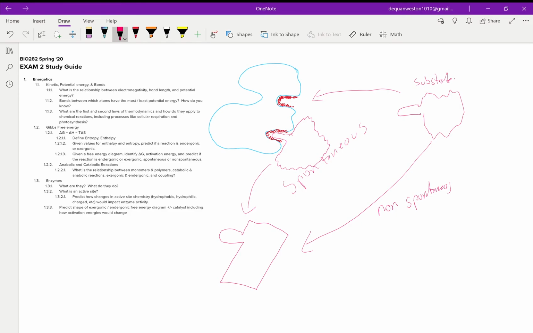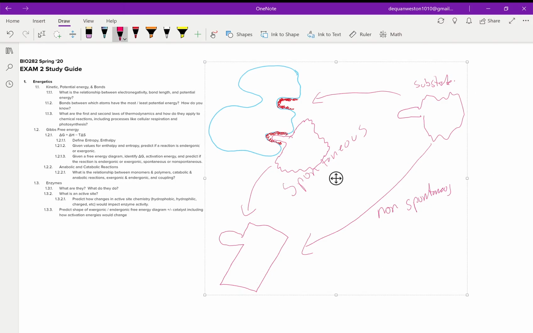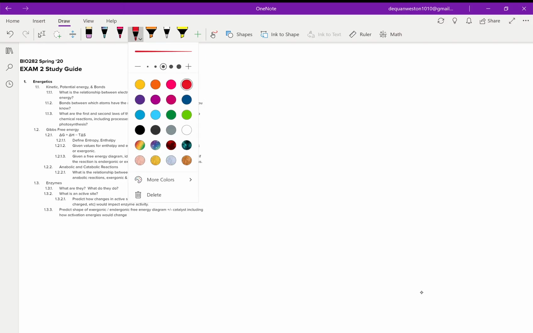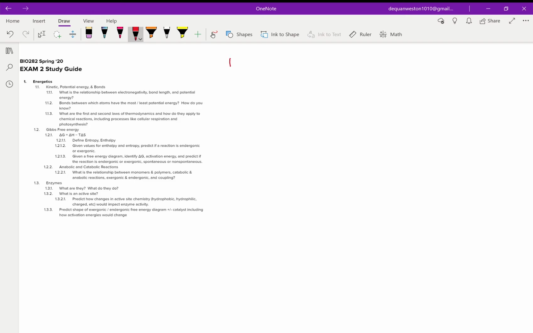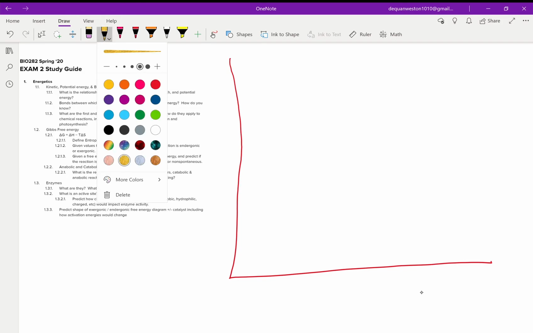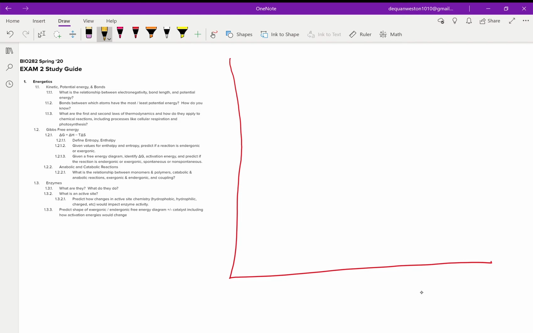So let's see how this would look on an energy diagram. Okay, so we have our reactants here. Let's draw them a little higher up. So we have our reactants here, and they're going to go over this little bump, and they're going to come down.